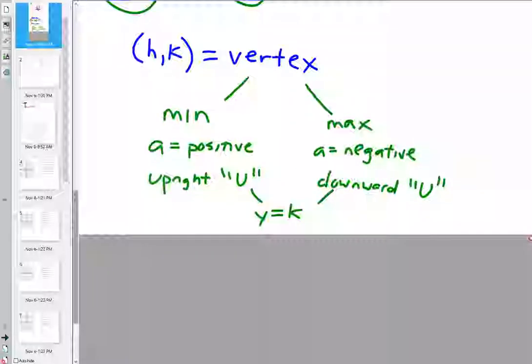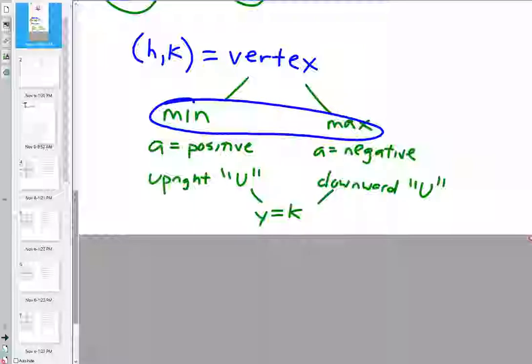The reason I put this y equals k, feel free to write this down, is that depending on the way the question is phrased, a lot of times when you're asked what is the minimum or maximum value of the function, they're not really talking about the entire vertex. They just want the y. What do we call the y of the vertex?